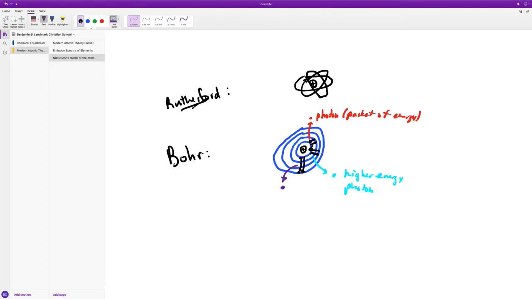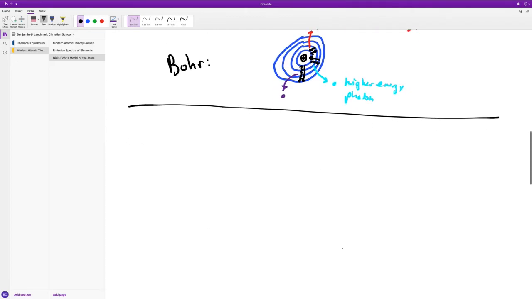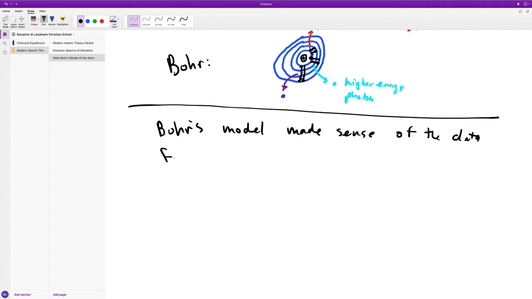So Bohr's model worked really, really well, but just for the hydrogen atom. He wasn't able to succeed with any other atom. So here we go. Bohr's model made sense of the data for the spectrum, the emission spectrum of hydrogen.